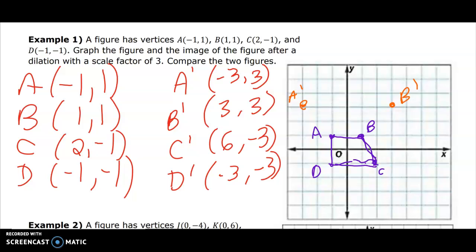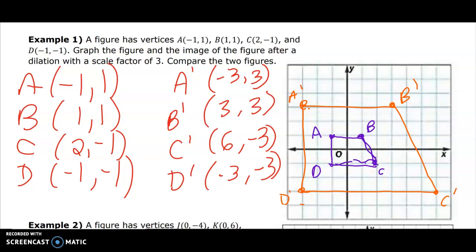And C prime is 6, negative 3, is here, C prime. And D is negative 3, negative 3, and that's D prime. And I'm going to draw it. Scale factor larger than 1 enlarges.